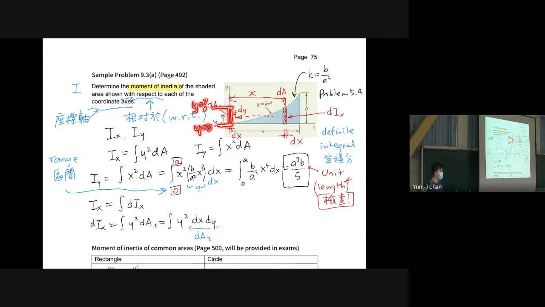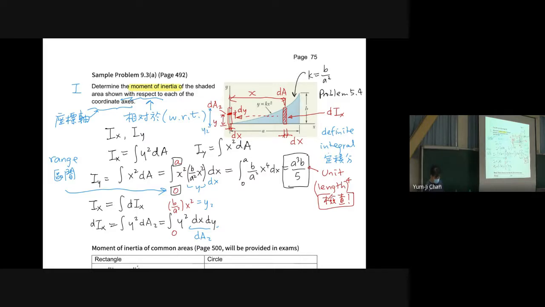Is that right? Now here we have y equal to 0, and what's the height of this slice? The height of this slice is actually equal to the original function. Or should I write y2 here? The height here is y2.